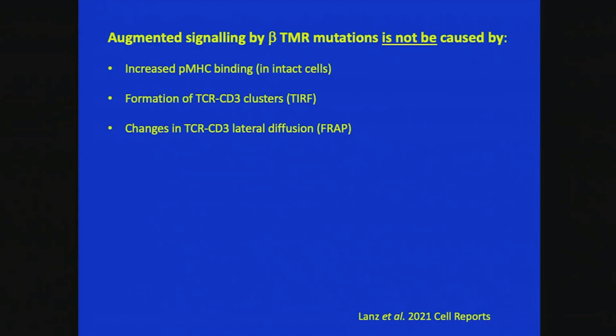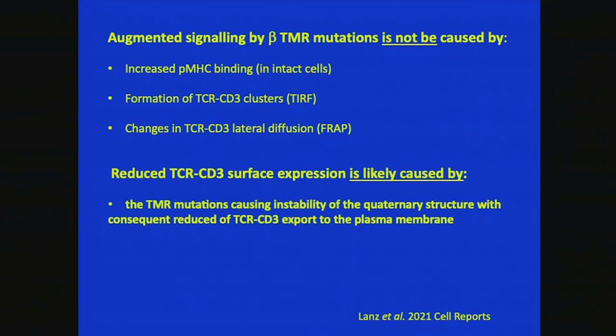So this augmented signaling was not caused by all those things that you can see there, and I did go very, very fast. But the reduced expression, we reasoned that the reason was most likely because of instability of the receptor, as I was telling you at the beginning.